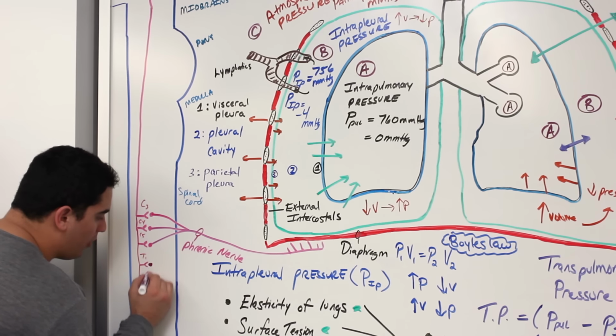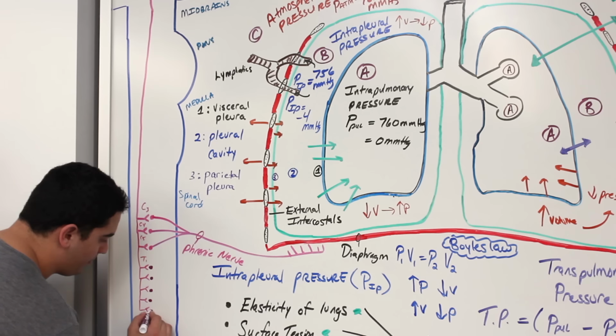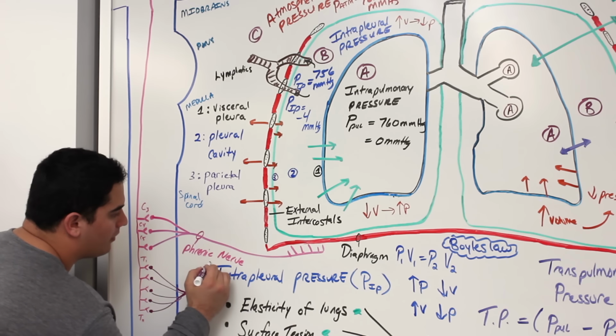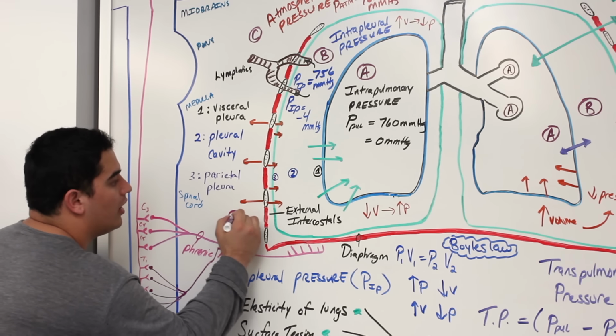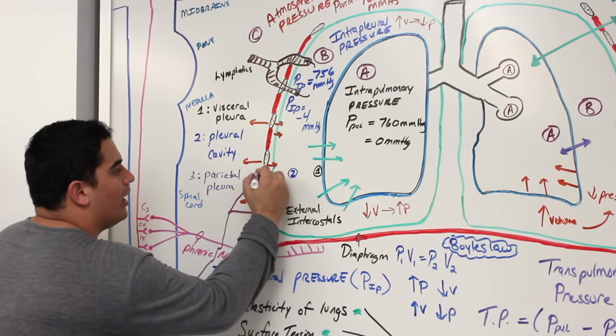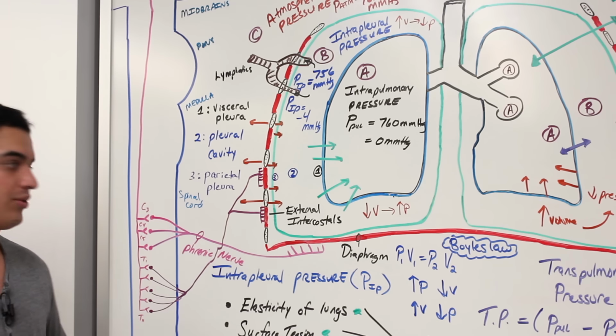From T1 all the way down to about T11, you have these intercostal nerves. These intercostal nerves are going to innervate the external intercostals, providing a stimulus to them.